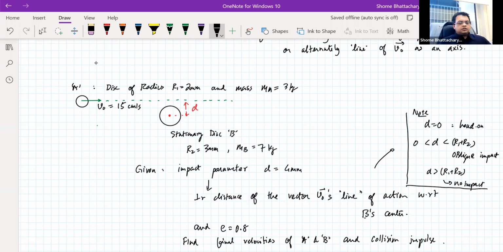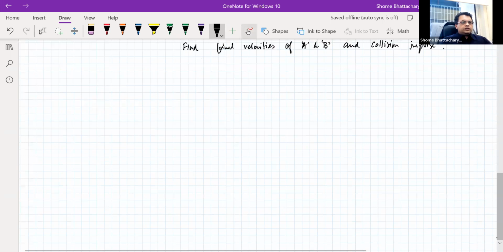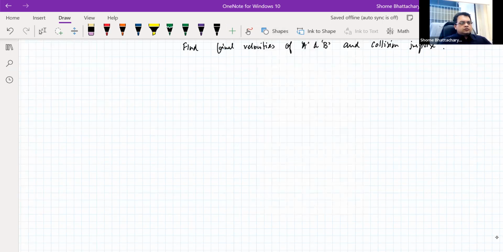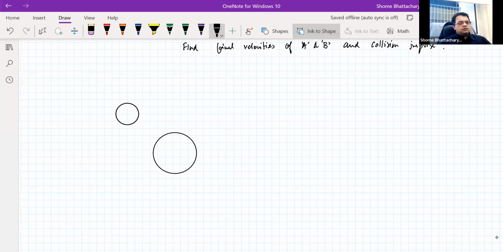Okay, so let's look at how this is working out. First of all, let me draw a somewhat magnified kind of diagram.